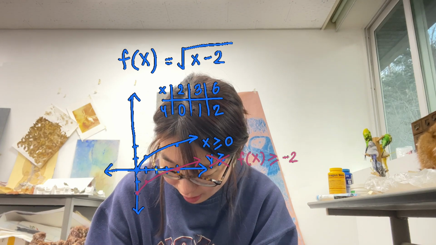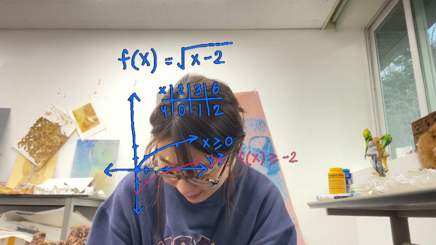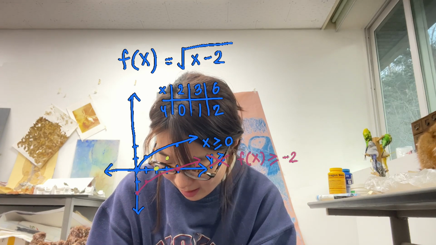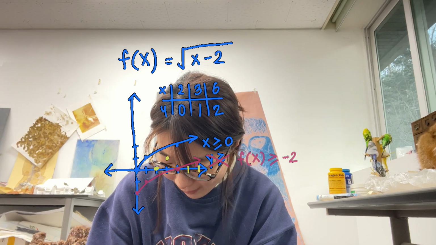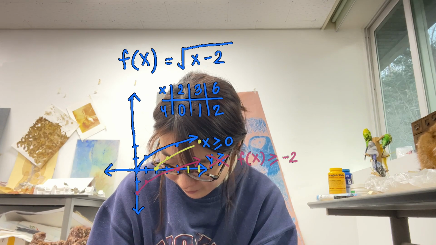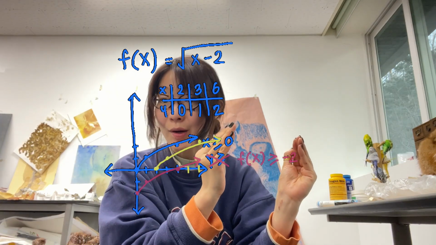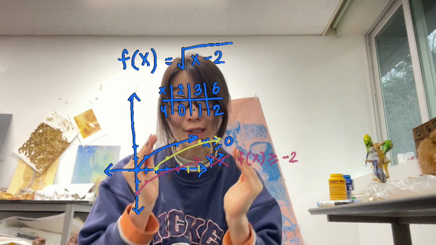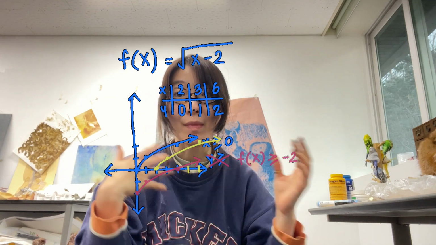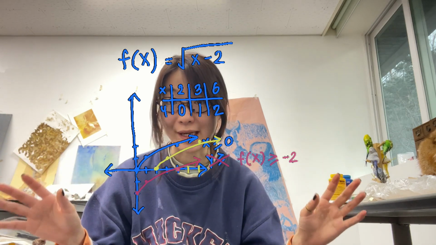When x is 2, y is 0, and when x is 3, y is 1. As you can see, our entire graph shifted by positive 2 units horizontally.